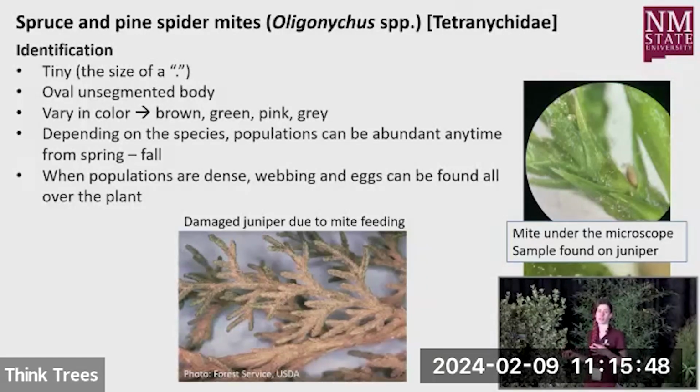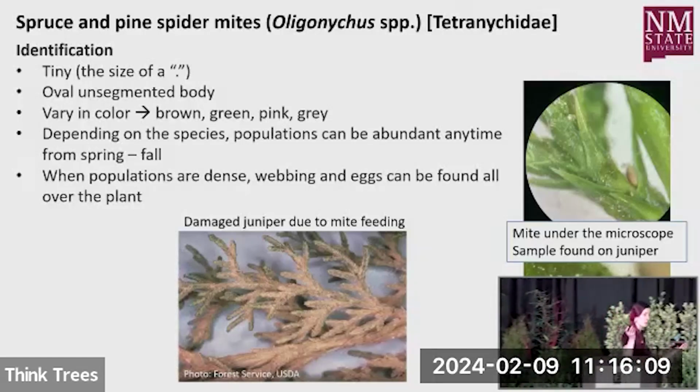Mites are crazy. But these guys, they vary in color, but they have this oval kind of body. Mites, depending on your species, you get round or oval or rice shaped. They vary in color: brown, green, pink, gray. Depending on the species, populations can be abundant anytime in the year, spring to fall.